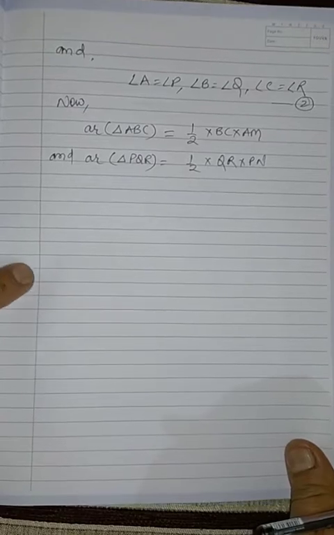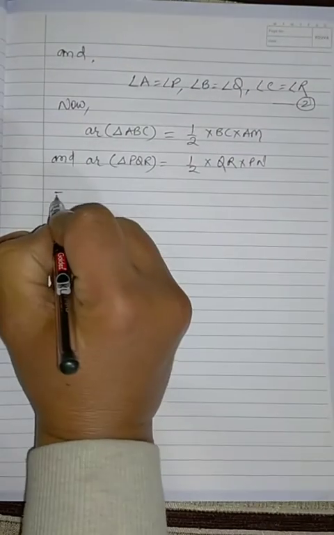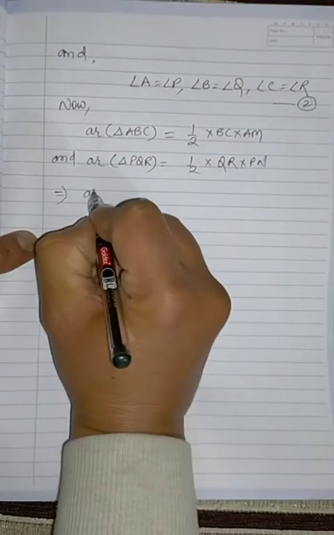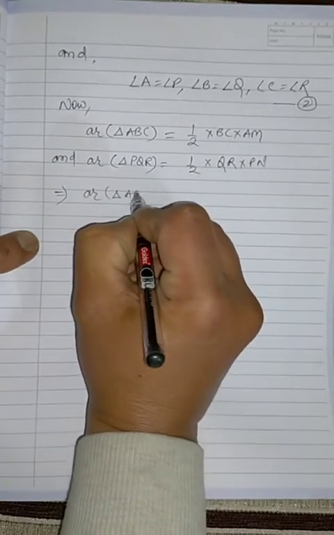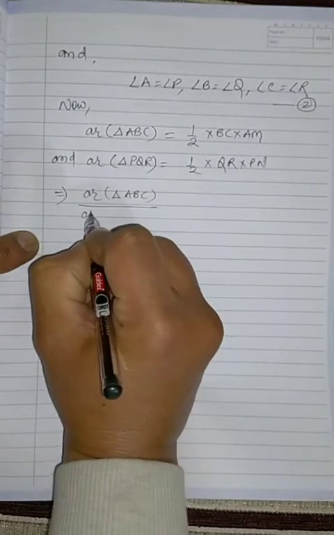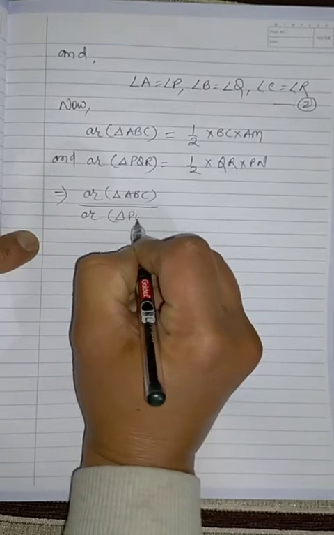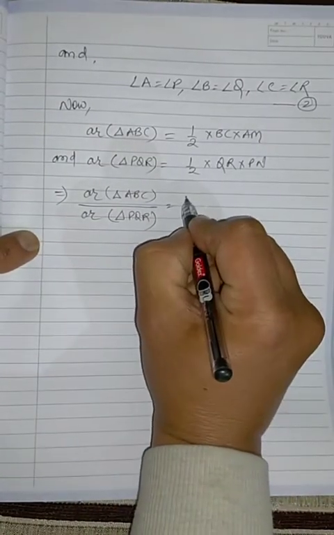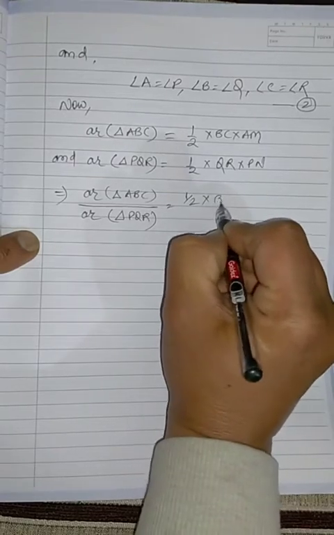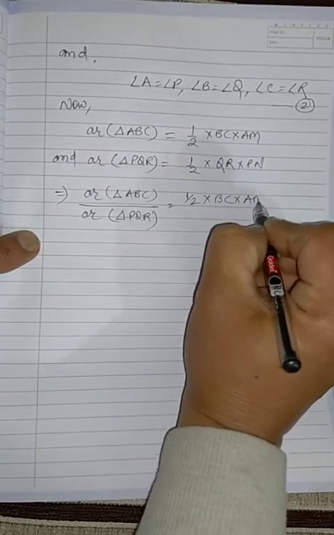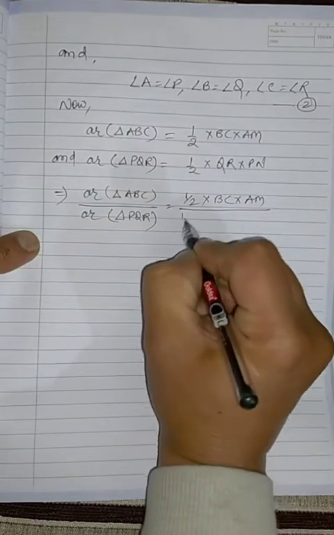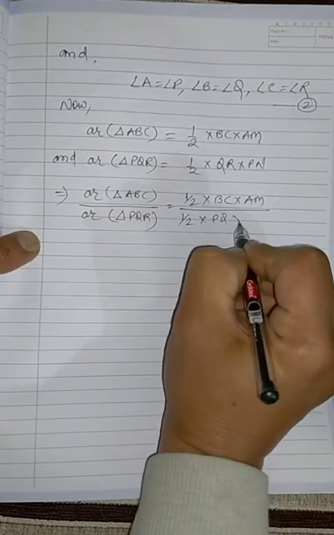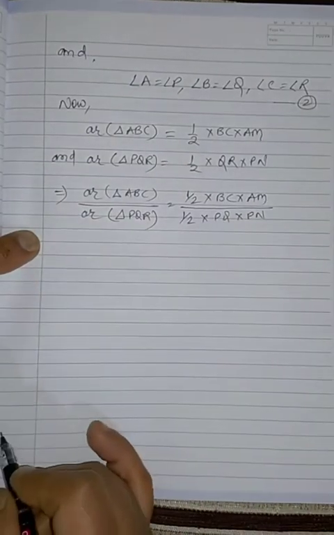That implies the ratio of the areas, area of triangle ABC upon area of triangle PQR is equal to half into BC into AM upon half into QR into PN.